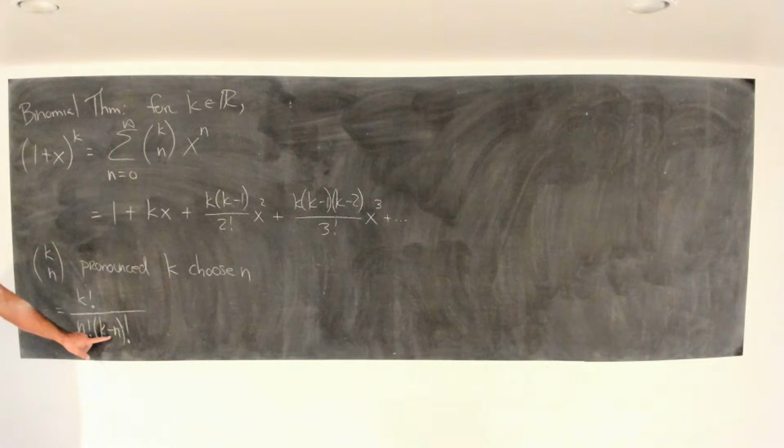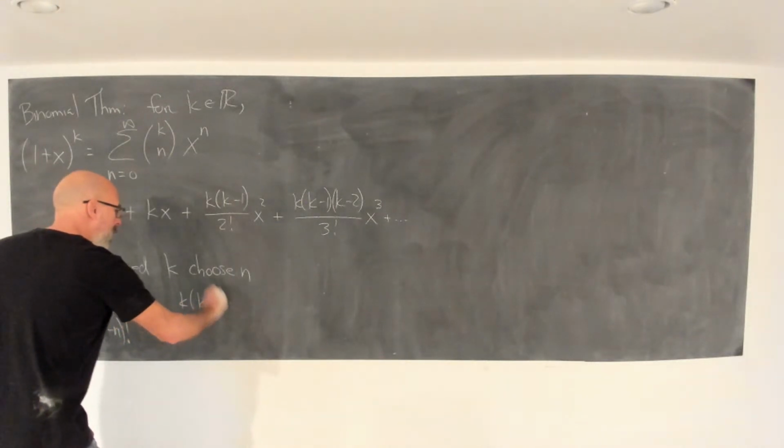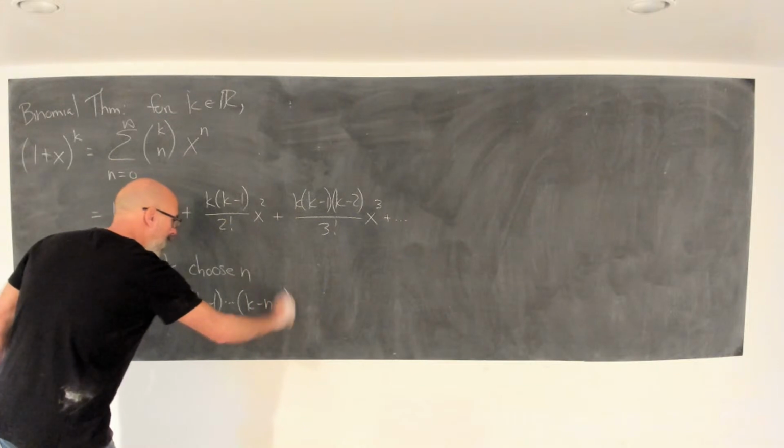And you can cancel these, and that just gives you K times K minus 1 times K minus 2 all the way to K minus n plus 1.